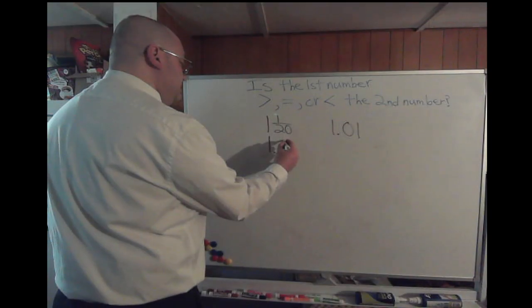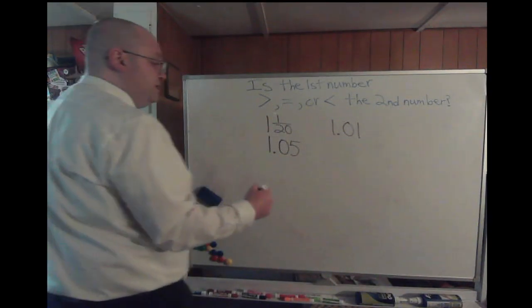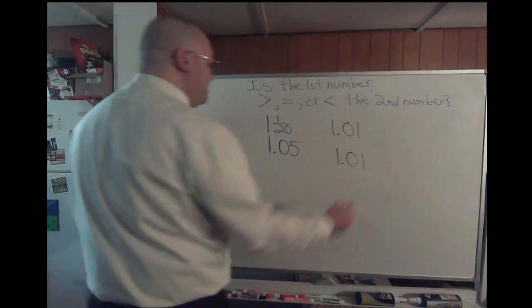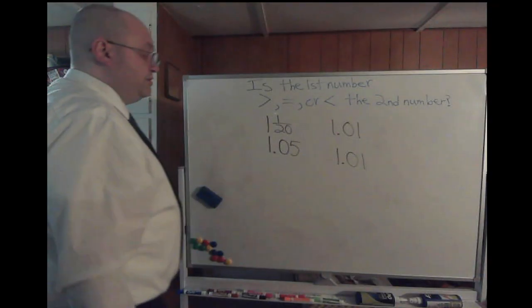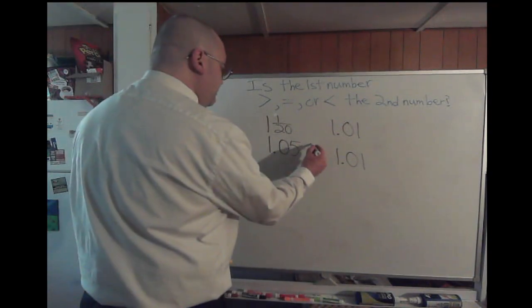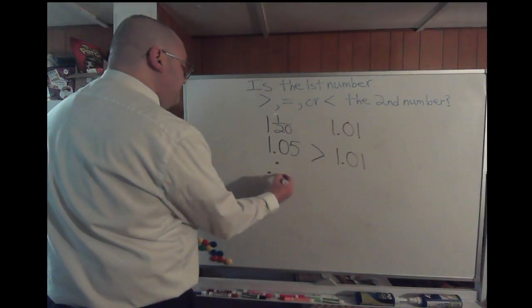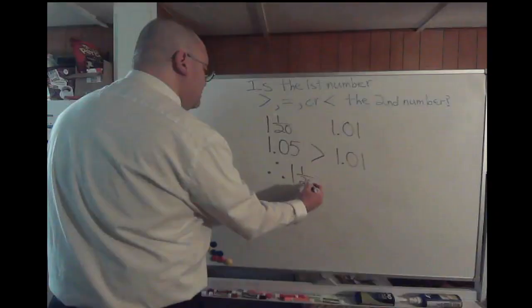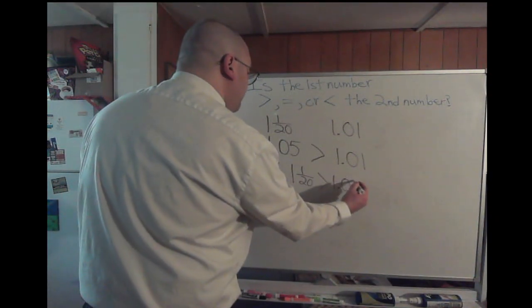That'd be 0.05. So now you have 1.05 and 1.01. Is 1.05 greater than, equal to, or less than 1.01? Clearly it's greater than. So therefore, 1 1/20 is greater than 1.01.